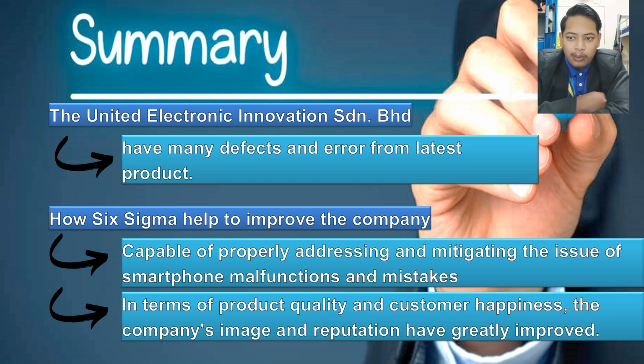So, how can Six Sigma help to improve the sales in the company? Six Sigma helps to address the issue of the smartphone malfunction. This can help to repair or improve the smartphone. Secondly, Six Sigma helps to improve the company image and reputation by improving and solving the issue of the smartphone.